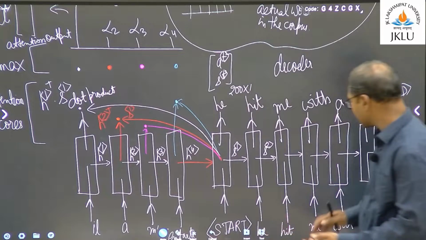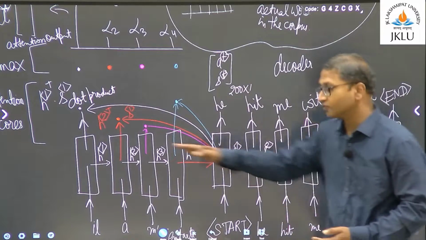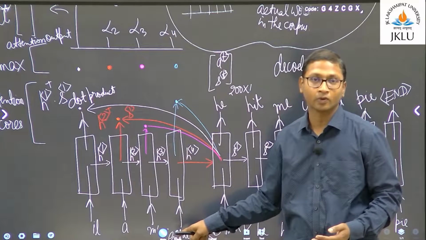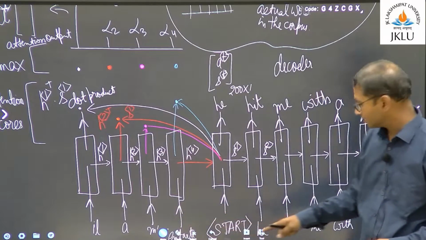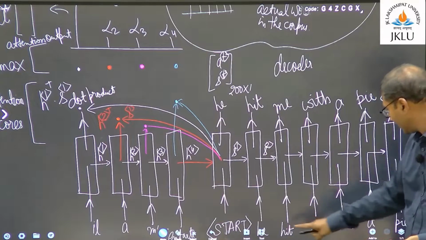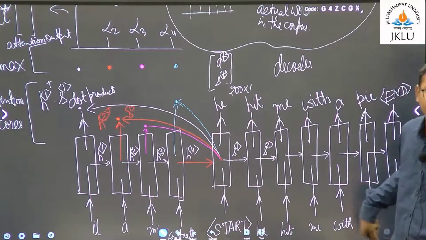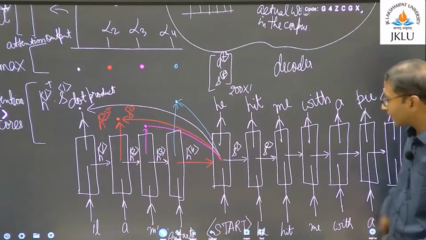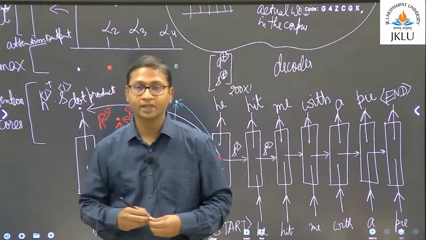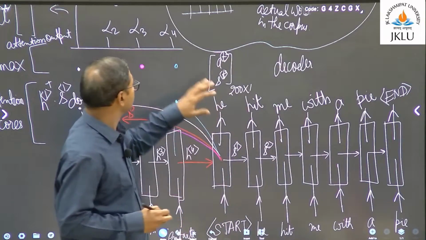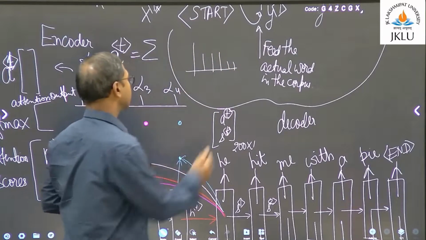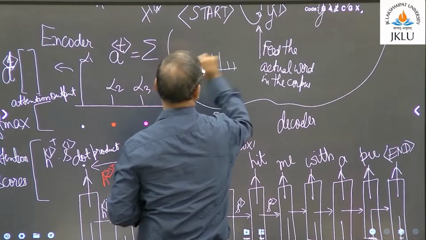See, if you are translating from English to French and this word Entarthe is supposed to come out, in that case you will put equal emphasis on the words, because together they mean this thing. There is nothing special about this, so I don't even want to have it here.